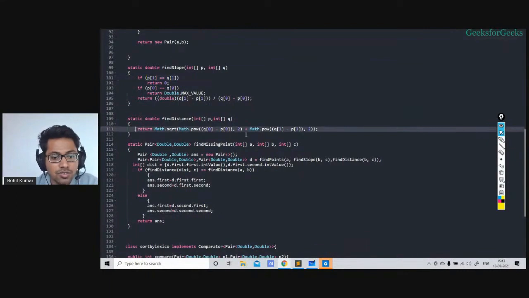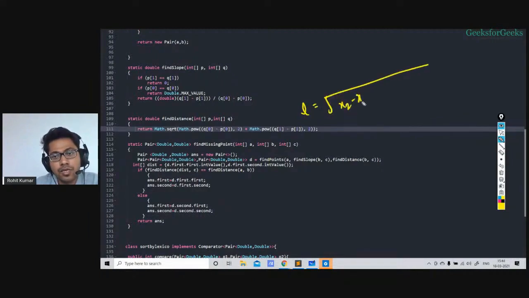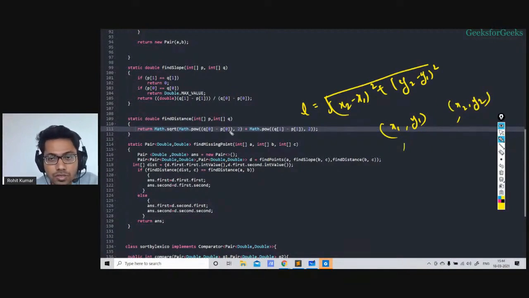Let's see find distance. The find distance method is pretty simple, straightforward. It equals the square root of x2 minus x1 whole square plus y2 minus y1 whole square, if I need to find the distance between x1 y1 and x2 y2. The same thing we are doing over here.